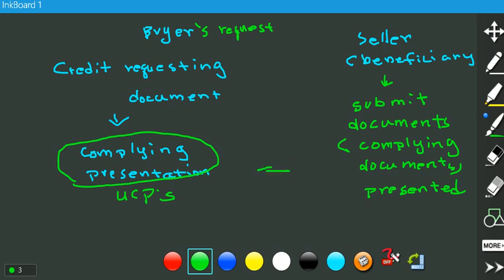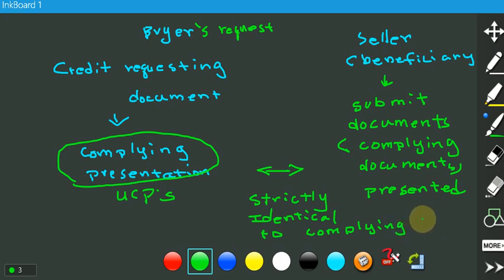This document should be strictly identical to the complying presentation.